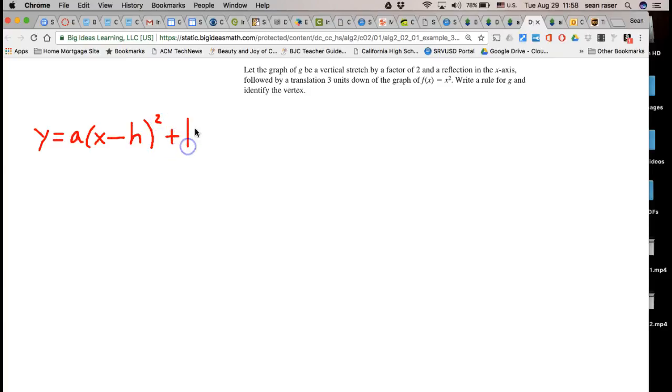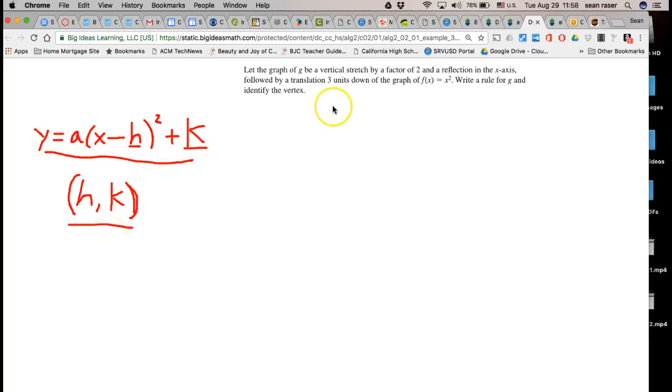So we have y equals a times the quantity of x minus h squared plus k. This right here is vertex form for your quadratic equation. And from this, you get these values h and k. And h, k are the coordinates of your vertex. So the point on the graph at h comma k is your vertex.